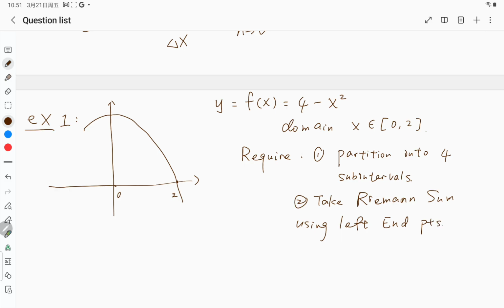Okay, so I think you can do it on your own, but I can briefly illustrate it to you. We can talk about the more complicated question later.